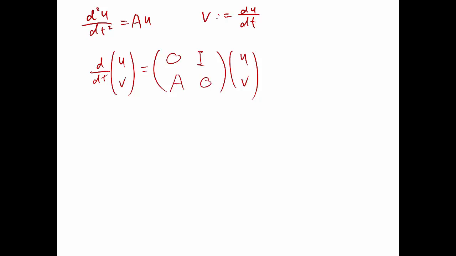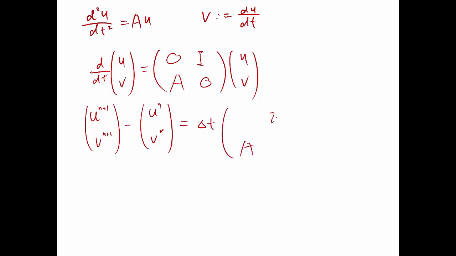Okay, this matrix, let's take a look at the implicit solution procedure. The implicit solution procedure would be u of n plus 1, v of n plus 1 minus u of n, v of n is equal to delta t times this matrix times u of n plus 1 and v of n plus 1, right?